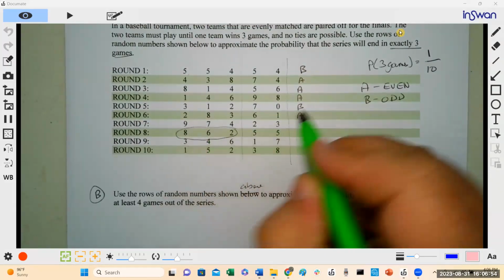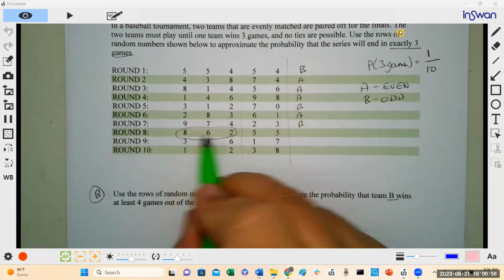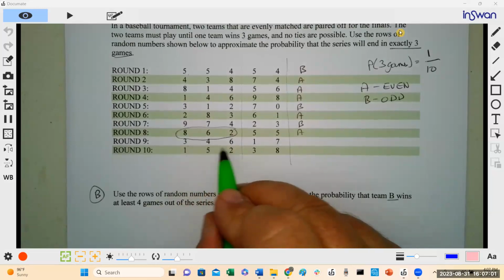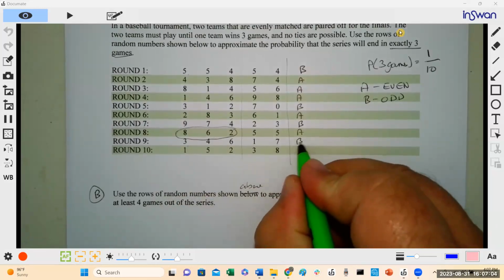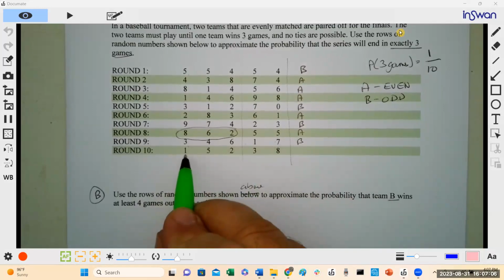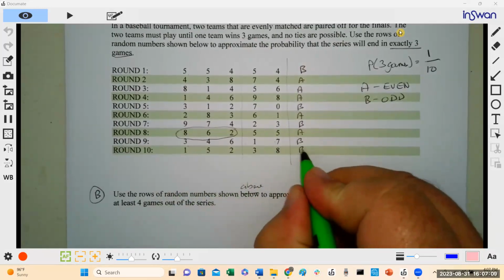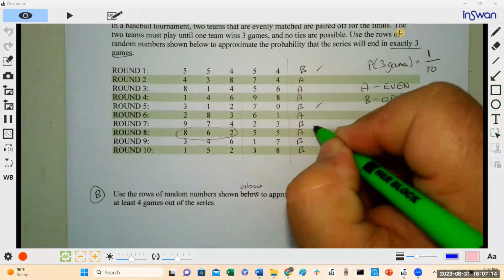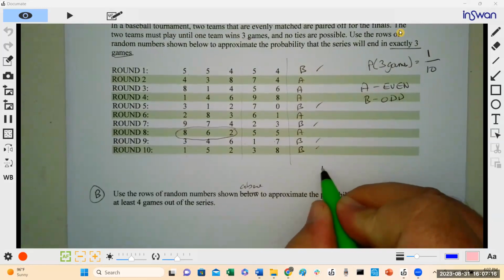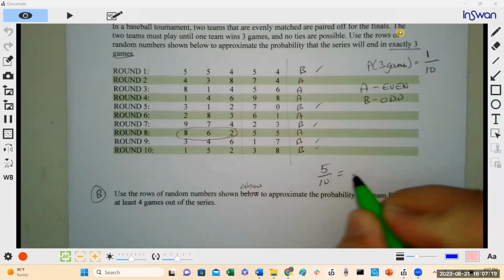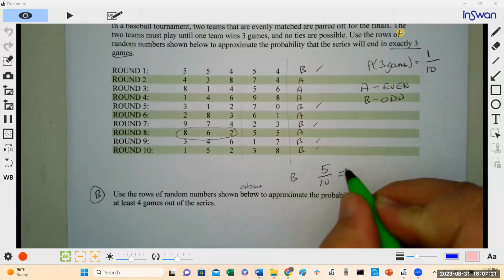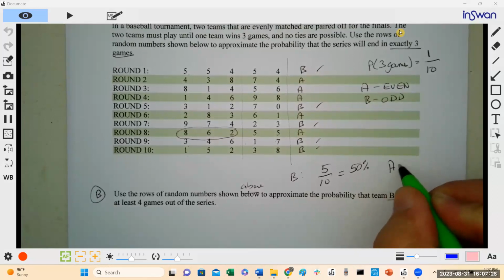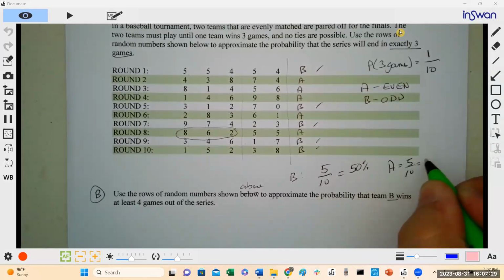Odd, odd, odd. So they won the first 3. Even. So it's odd, odd, odd. Odd, odd, odd. So B won 1, 2, 3, 4, 5 out of 10. So B won it 50% of the time, and A wins it also 50% of the time.